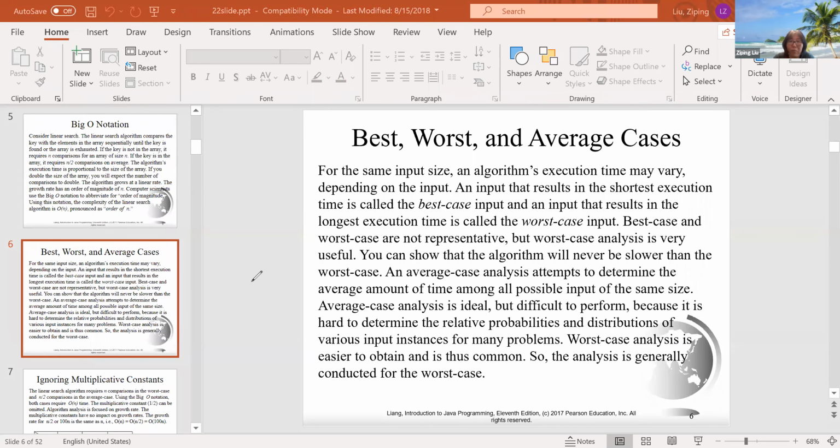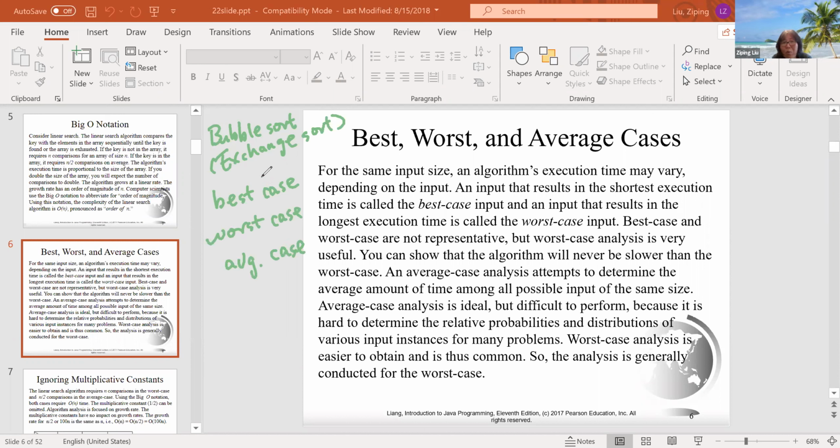So when we analyze an algorithm, do you recall the bubble sort, the exchange sort? At that time, I remember I mentioned the best case, the worst case and the average case. And who still remembers what's the best case?